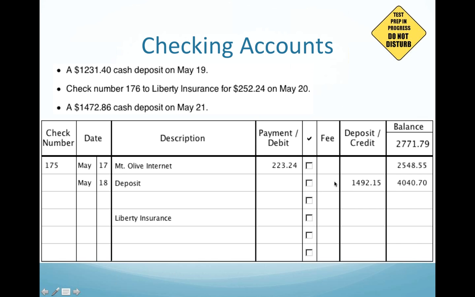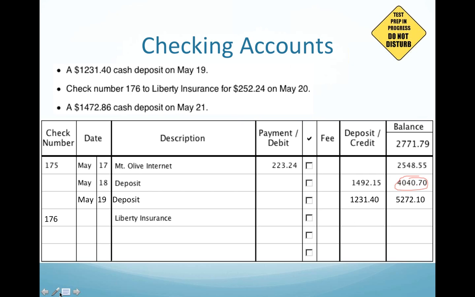So we can see what her balance was on May 18th, right here, the $4,040.70. And then we can start to see the transactions as they come in. On May 19th, the deposit. Now you want to make sure that you fill in all the numbers and even the dates, because if you don't fill it in correctly in Alex, it'll mark it wrong. The deposit gets added.